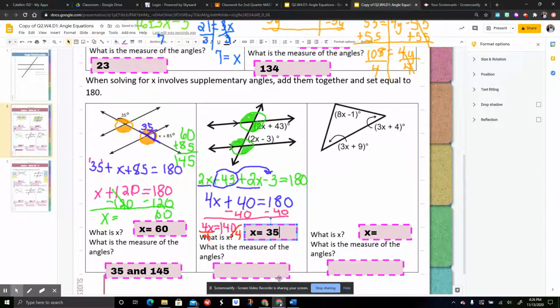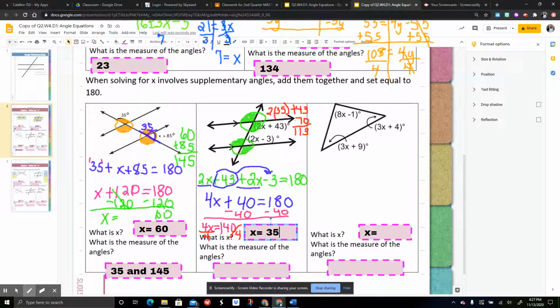It wants to know the measure of the angles. So the first angle is 2x plus 43. Since x is 35, I have to do 2 times 35 plus 43. 2 times 35 is 70, and 43 plus 70 is 113.